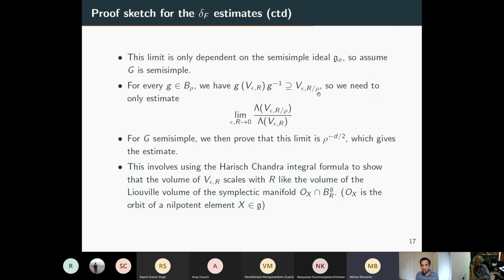And because of that, it's quite direct that G acting on these sets in fact contains the set V epsilon R over rho. And so now we are just estimating what the limit of the Lebesgue measure of these neighborhoods looks like, and nothing involving intersections and so on. We're just estimating this.